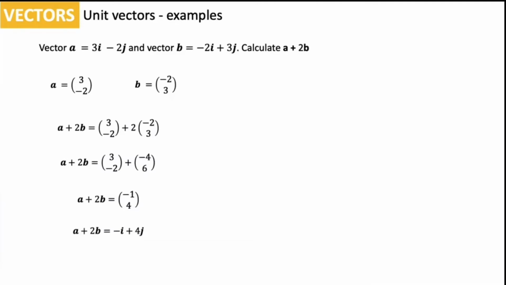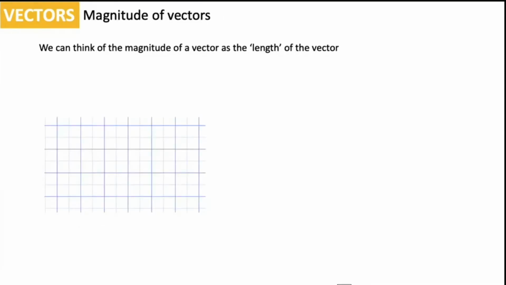Now, most times when we're drawing a vector, I hope you can see that there's a triangle superimposed in the background. So we should be able to do some maths with those triangles. The first thing we want to look at is finding the magnitude of a vector. So this is going to be the length of the vector A. The triangle that exists in the background has a base of 4, a height of 2, and is a right-angled triangle.